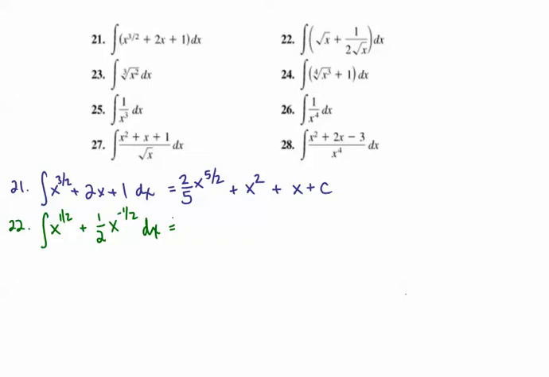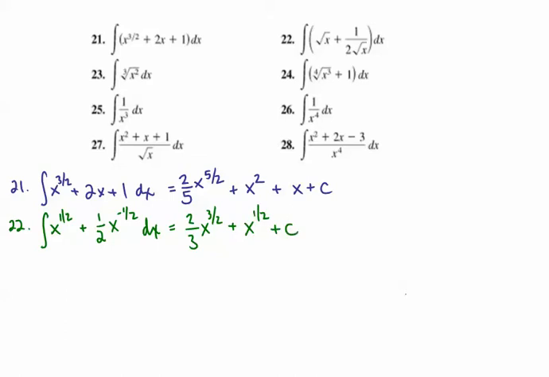So x to the 1/2 becomes x to the 3/2 over 3/2, which is the same as multiplying by 2/3 x to the 3/2. Then x to the negative 1/2 is going to become x to the 1/2 divided by 1/2. It's the same as multiplying by 2, and so that one will simply become x to the 1/2 and plus c. And we're done with that.